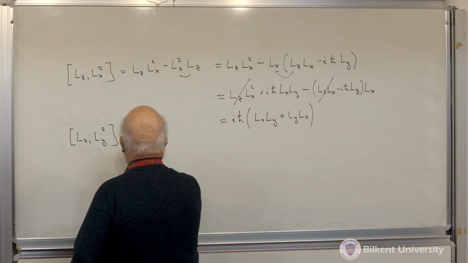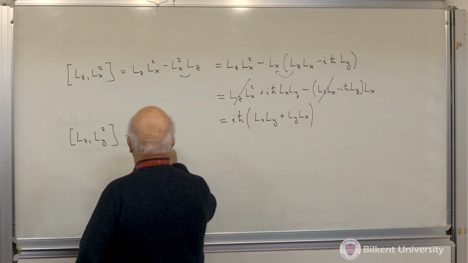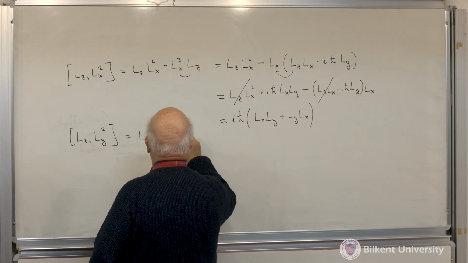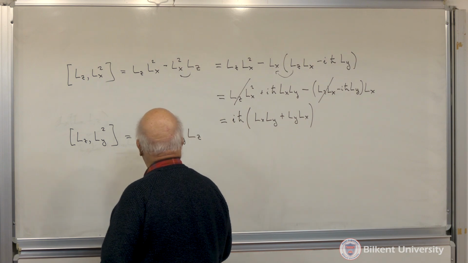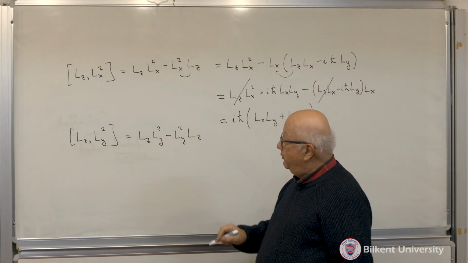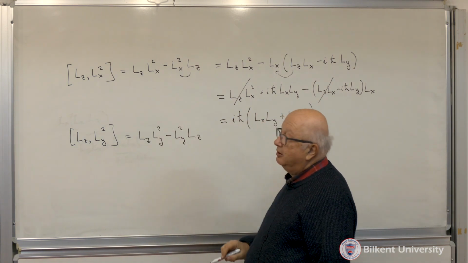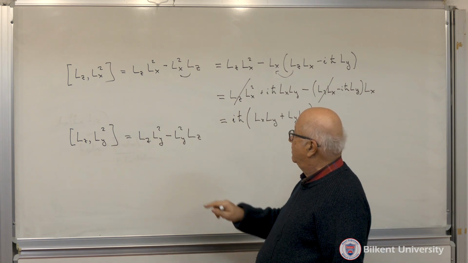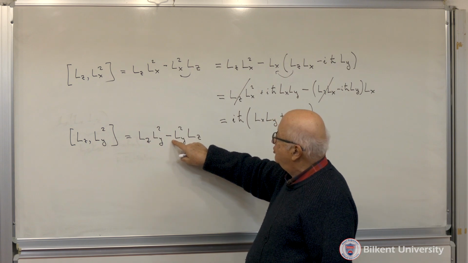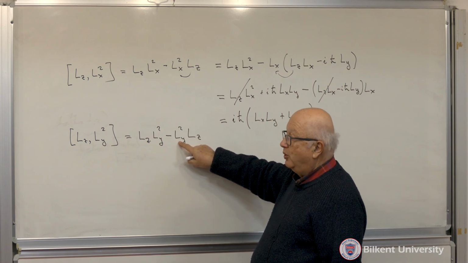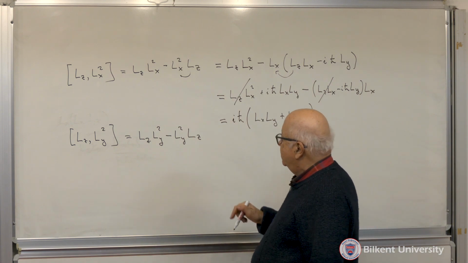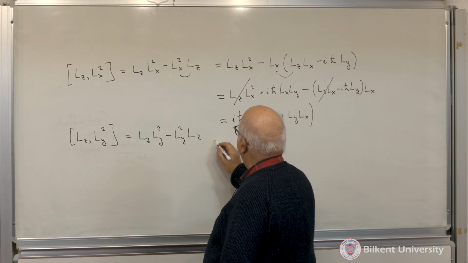I have Lz with Ly squared, so that means minus Ly squared Lz. This time I'm going to walk this Lz one step at a time towards the left, so that I'll eventually get Lz times Ly squared to cancel this. But we'll generate some terms along the way.